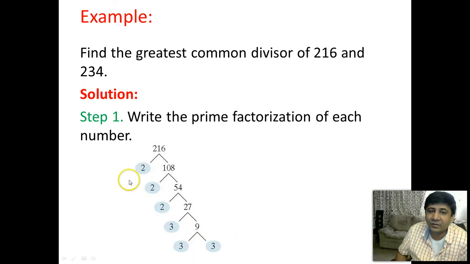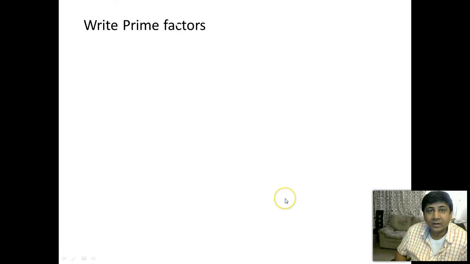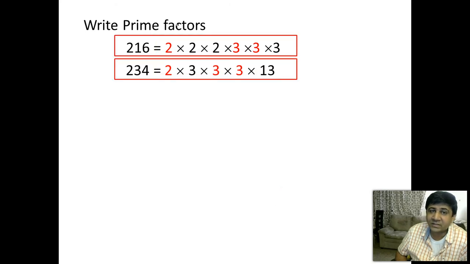Nothing can be further simplified. Similarly, the prime factorization of 234 is 2 times 117, 117 is 3 times 39, and 39 is 3 times 13. Write them down side by side.